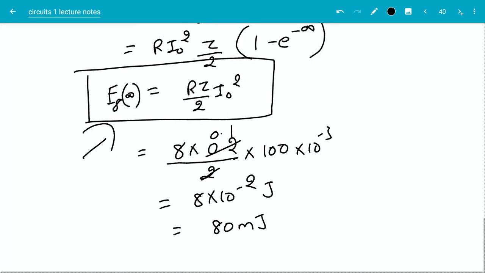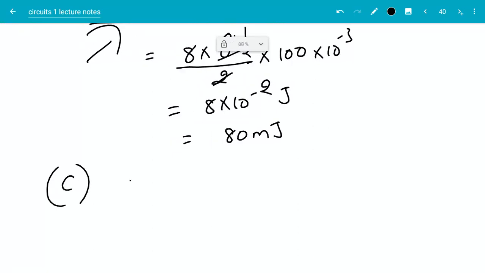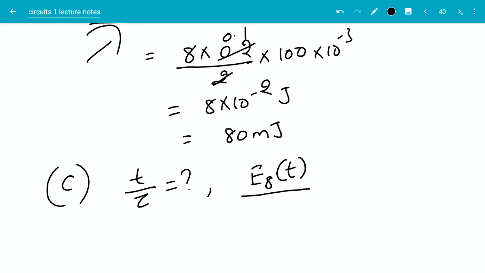Okay, so that's B. And now C is asking how many time constants does it take? So t over tau is equal to how much to deliver 95% of the energy found in B. That means I want the energy at time t divided by the total energy to be equal to 0.95.